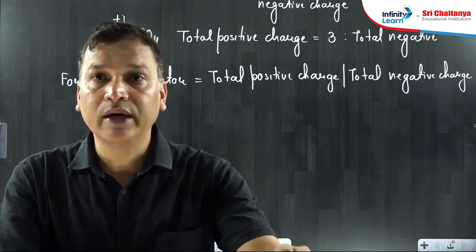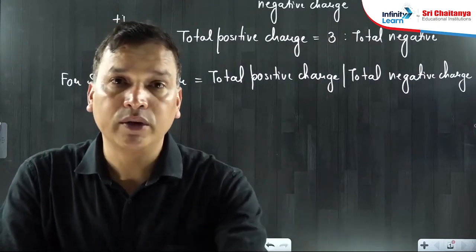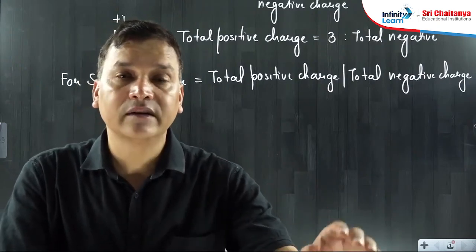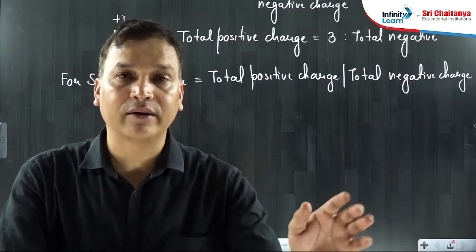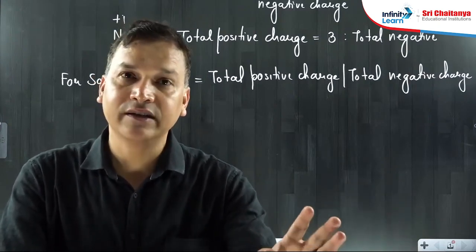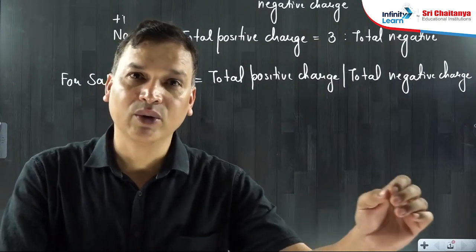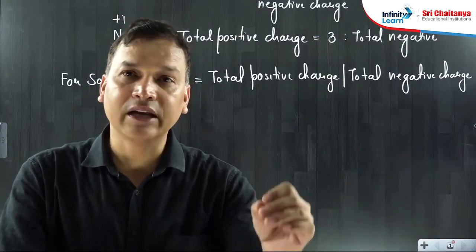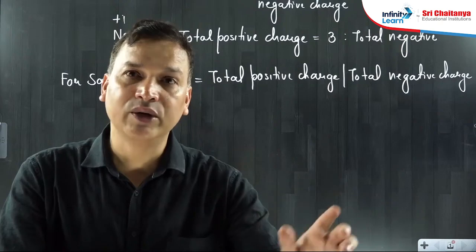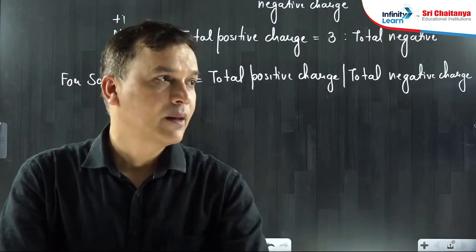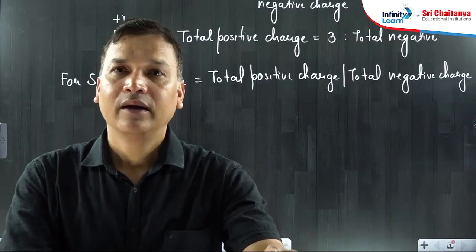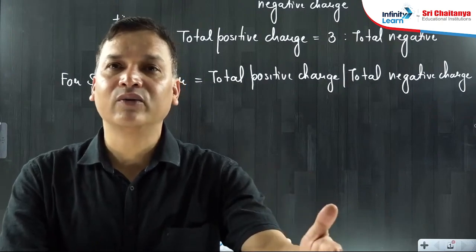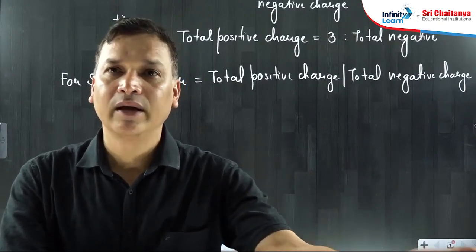In order to calculate the gram equivalent of solute, we must know its n factor. Number of moles into n factor, in case of acid. Number of moles into n factor, in case of base. So, dear student, in case of salt, the number of gram equivalents is equal to what? Number of moles into n factor.